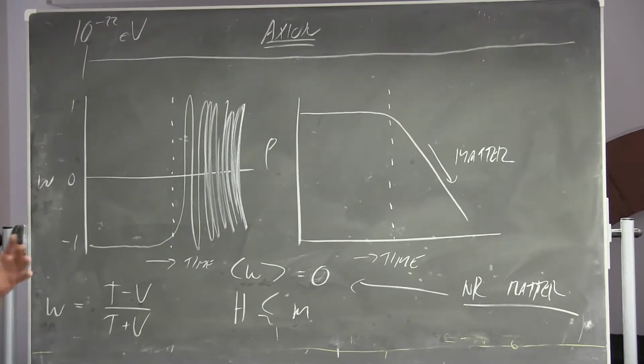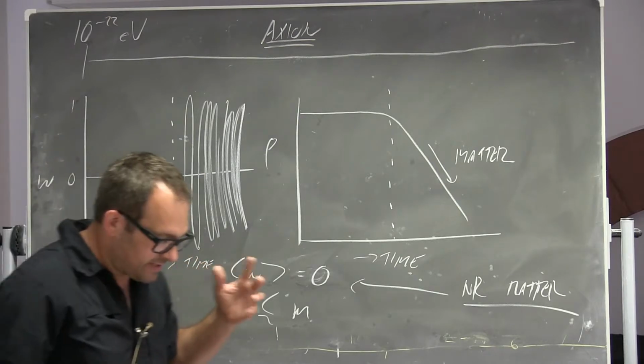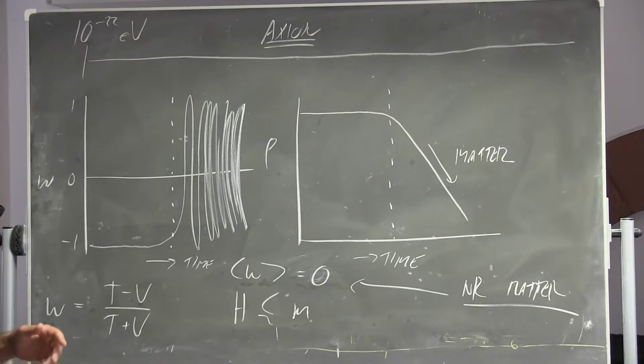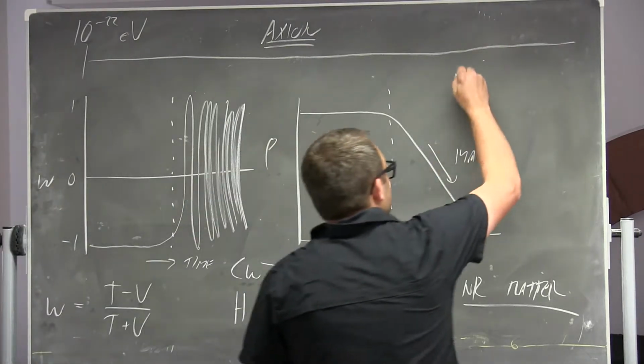Okay, and the abundance of axions is, I would say, an active subject. There is the standard story, sort of known as the misalignment mechanism.